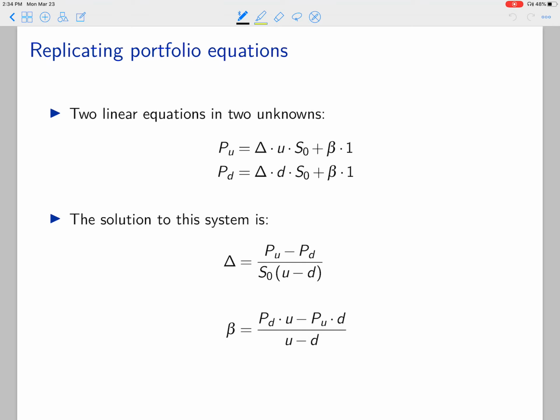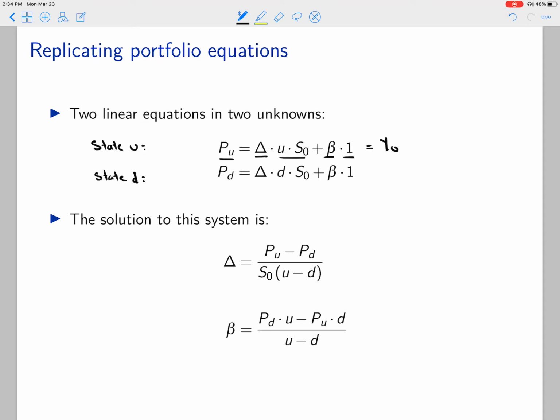In the first linear equation, we match the payoffs in the up state, state U. In the second, we match the payoffs in the down state, state D. In the up state, the payoff to the put, P sub U, must be equal to the payoff of the replicating portfolio, Y sub U. The payoff to the replicating portfolio is delta times S sub U plus beta times 1.